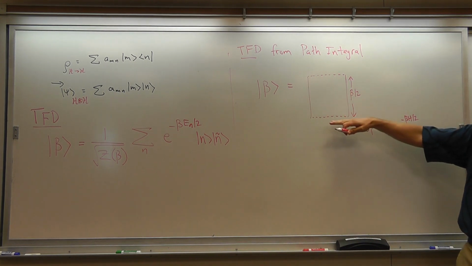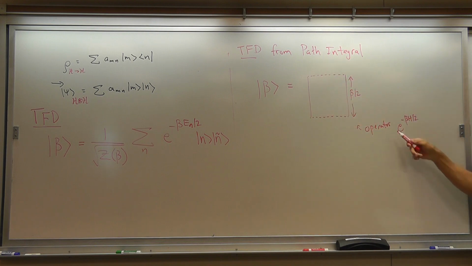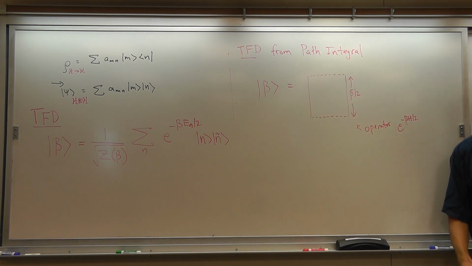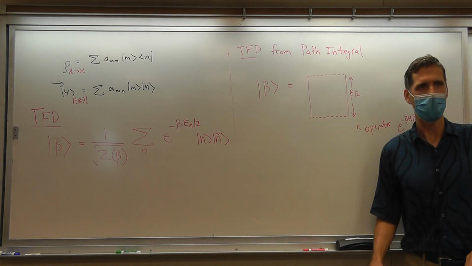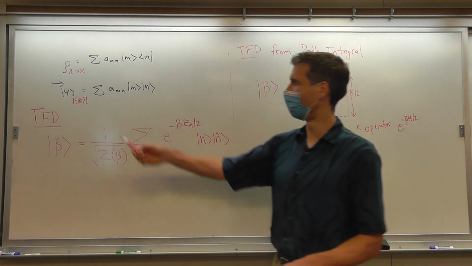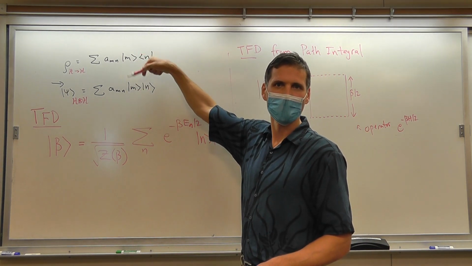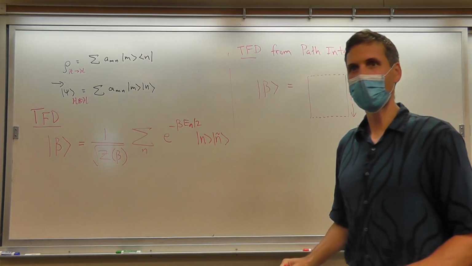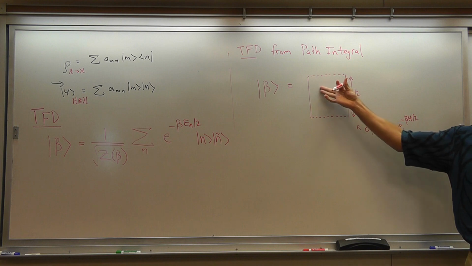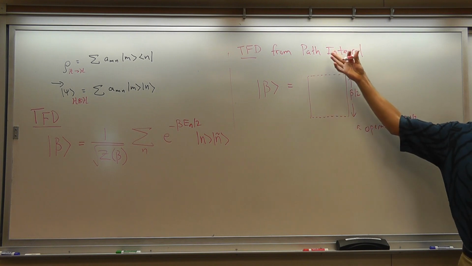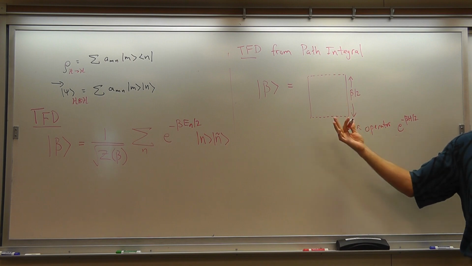And indeed, if we put in field data at the top and bottom, we will calculate matrix elements of this operator. But the point is that it also represents the thermofield double state because they're related by this trivial reinterpretation. So we can either interpret this path integral as the operator from H to H, or as the state on two copies of H.